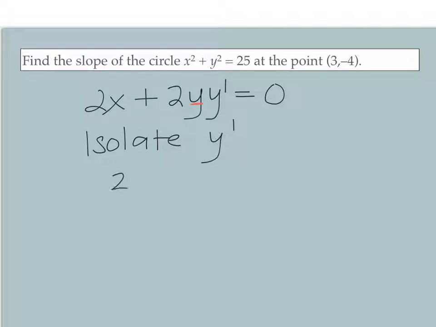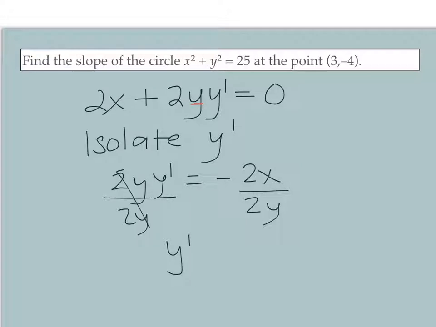Move the 2x over, so I have 2y y prime equals negative 2x. And then what? Divide by 2y. So I get y prime is equal to negative, what would 2x over 2y simplify to? X over y. Here we go.